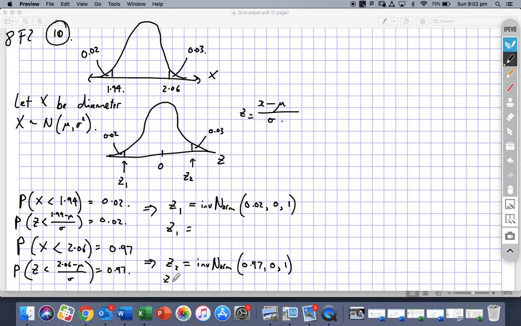I can just fit this one on, I think, down the bottom. This one will be negative, this one will be positive. Approximately 2 standard deviations either side, I'd say. So, calculator time.